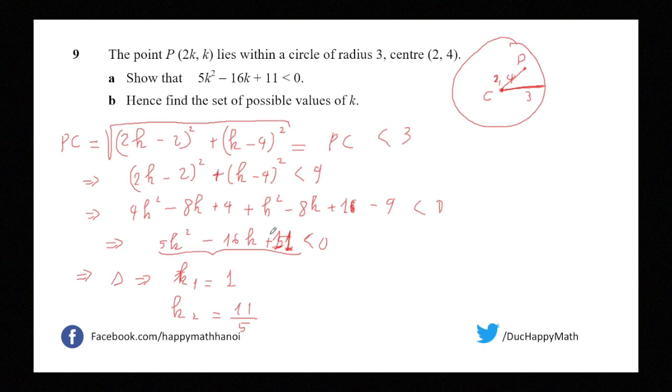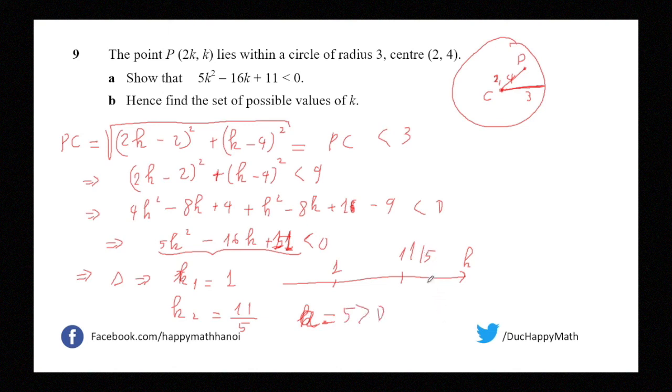And then you want to find the values of k for which this function is less than 0. So I will draw a k-axis. This one is 1 and this value is 11 over 5. The value of a in this quadratic is 5, greater than 0.